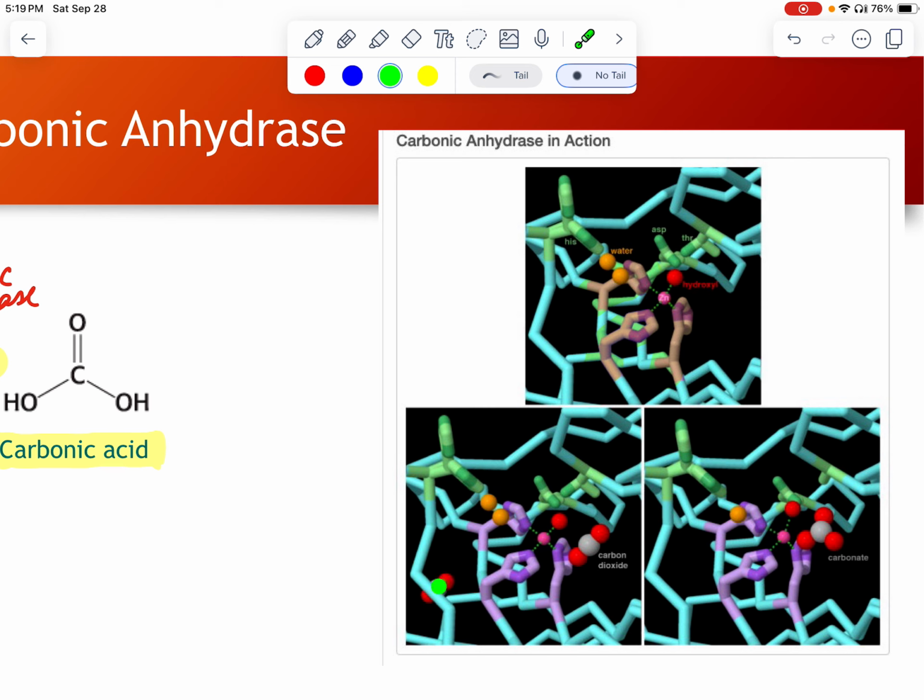Down here, we'll see a carbon dioxide coming into the active site. The main thing I want to point out is this zinc ion. It is stabilized by those histidine residues and held in place. Similarly, it holds that carbon dioxide and that water in appropriate locations so that they're in the right orientation to react.